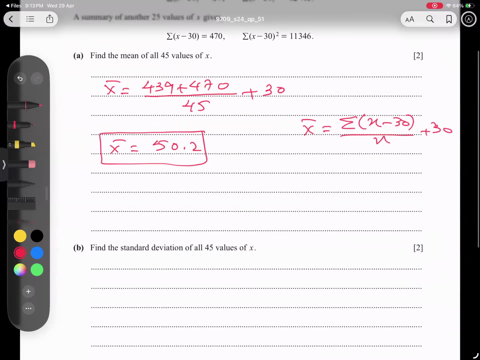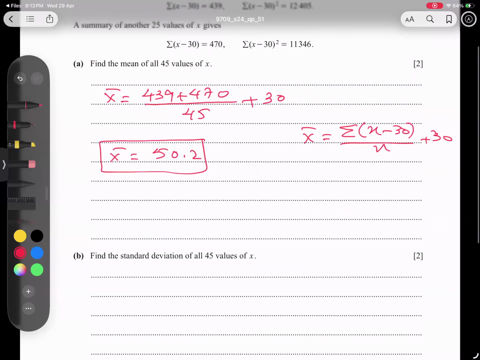So let's talk about the next one, deviation. And what is the deviation technique? Let me write the deviation formula. The deviation formula we have is sigma x minus 30 whole square.